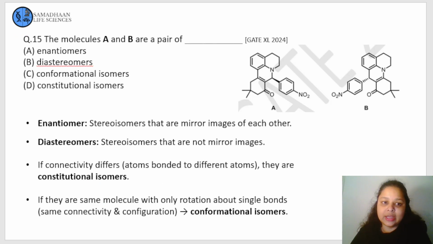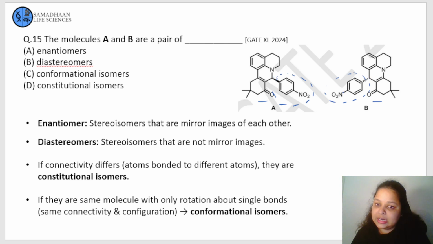Now in your GATE Excel exam, this type of question is asked. You will be given two molecules and you have to identify which type of isomers they are. First, you have to check if the connectivities are the same. In this molecule, this group is connected to this carbon which is next to nitrogen. But here next to nitrogen are different groups, and this nitrobenzene group is exactly opposite to nitrogen.